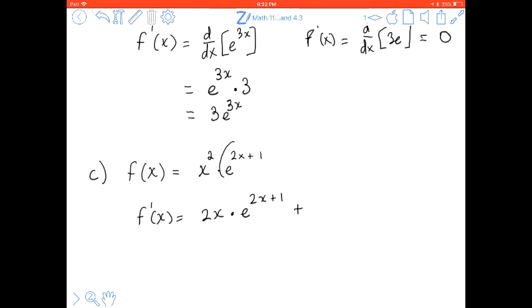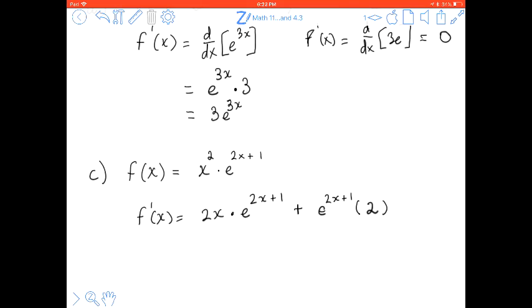Now, this function right here, e to the 2x plus 1, we can consider it as e to the u, and the derivative of e to the u is e to the u, or in this case, e to the 2x plus 1, but then we need to multiply it by the derivative of u, or the derivative of the exponent. The derivative of 2x plus 1 is 2.